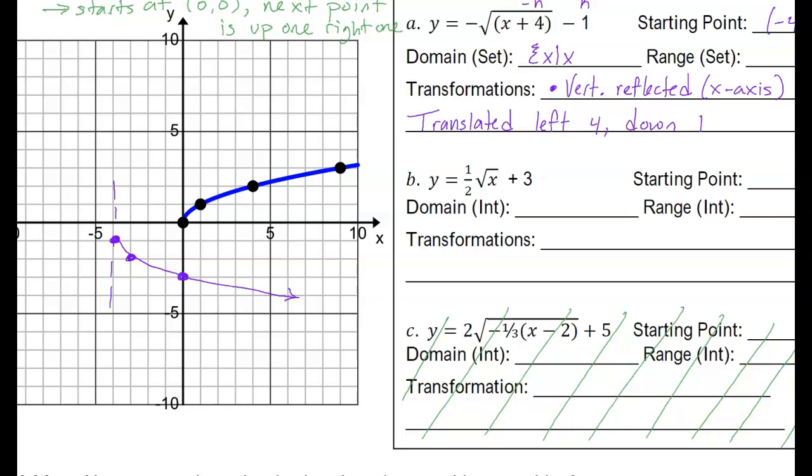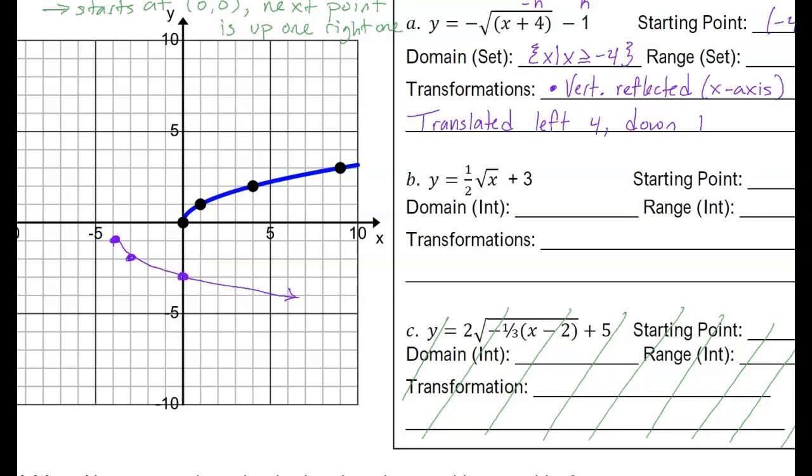Bigger than. And are we including -4? Yes, we are. So we write a greater than symbol and what? An equal to symbol below, so a line below, -4. And squiggly.